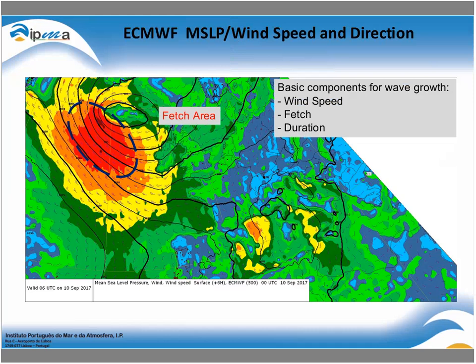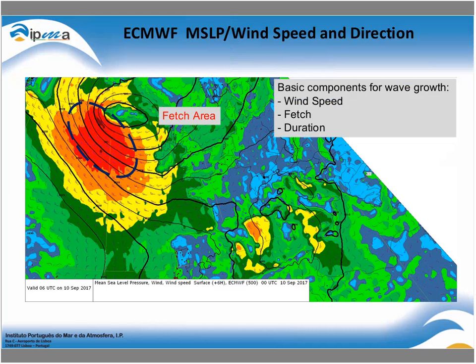So here I have put the ECMWF product for the mean sea level pressure with the wind speed, which is in colors, and the darker color here is the strong gale.